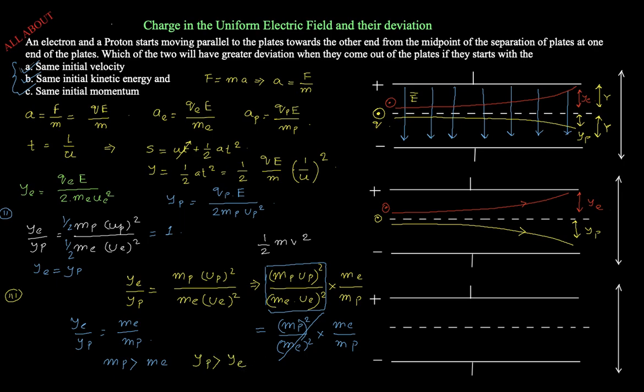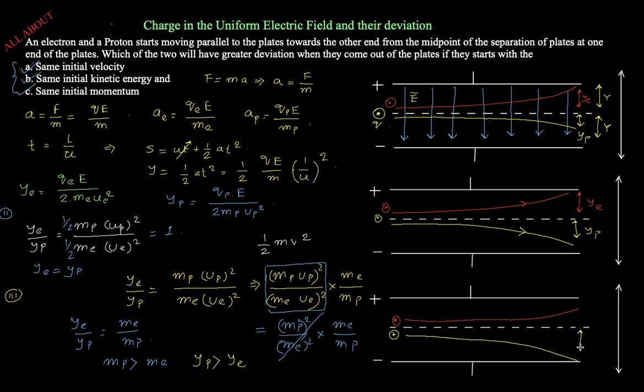That means in the third case, if the electron is red color and the deviation of the electron is like this, then the deviation of the proton is much greater than the deviation of the electron, and it looks like this.